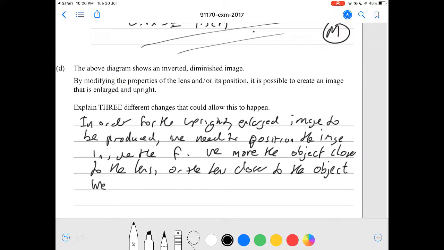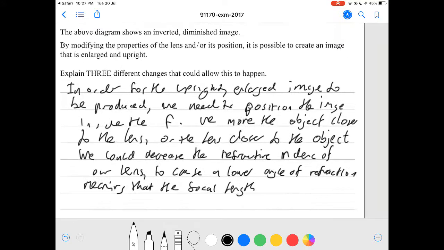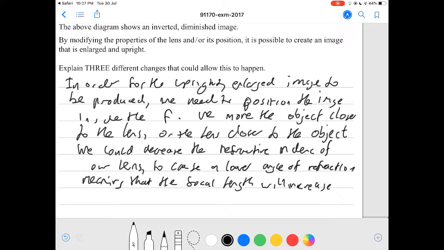So all we have to say here is we could decrease the refractive index of our lens to cause a lower angle of refraction, meaning that the focal length will increase to potentially be for the object to be inside the F.